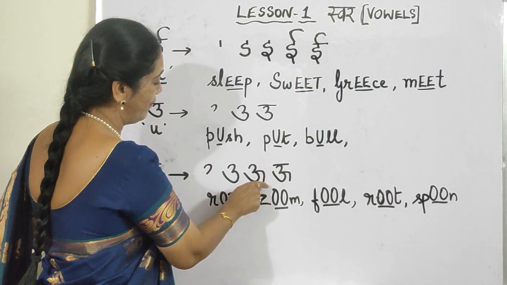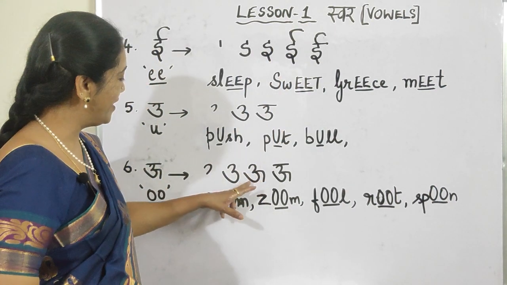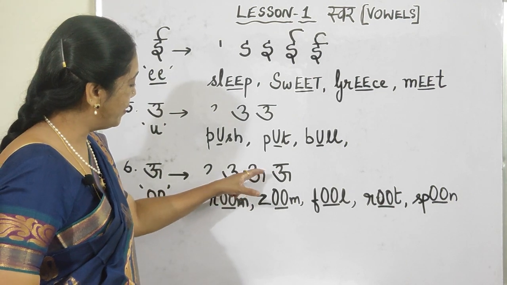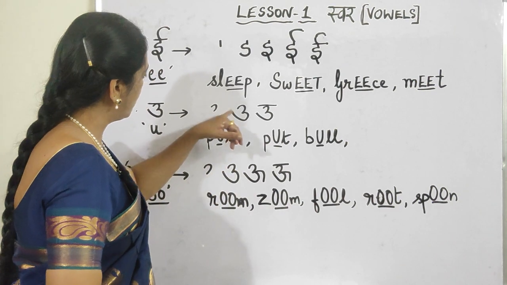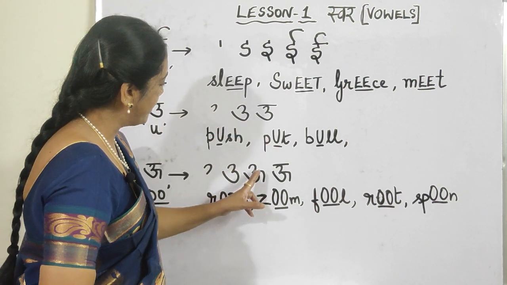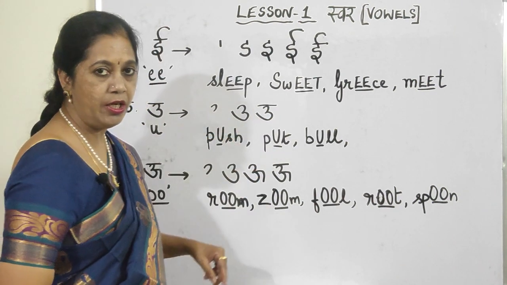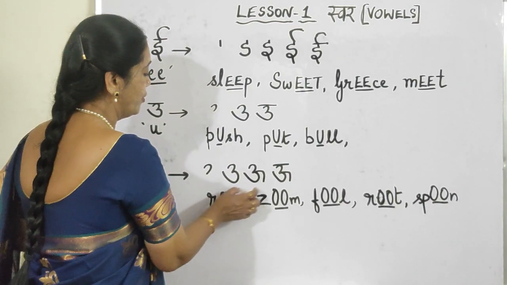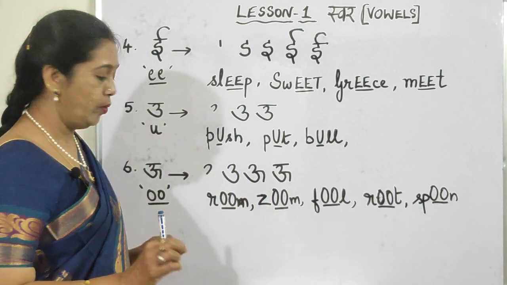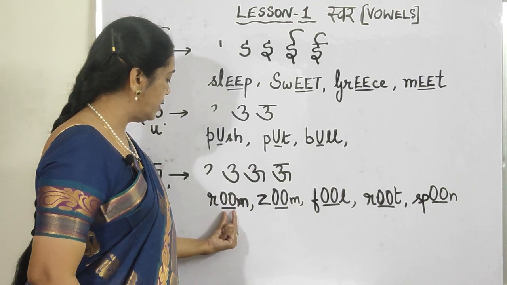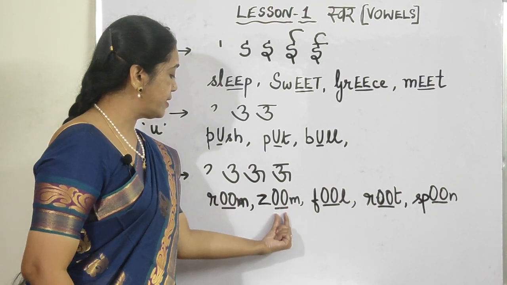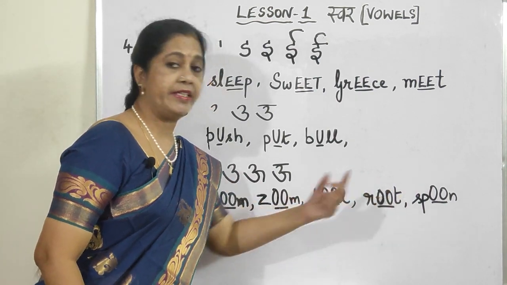Here you have a hook at the waist of this letter. So in the middle you have a hook kind of thing. Now you'll just put like this till here. Later you'll put a hook and then you put a horizontal or a sleeping line. So that is oo.